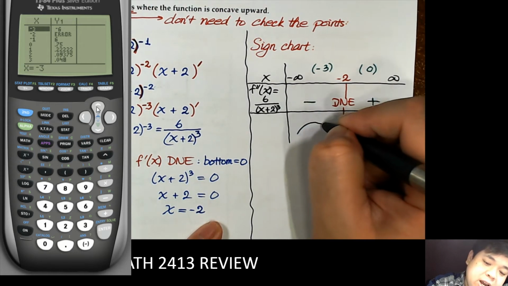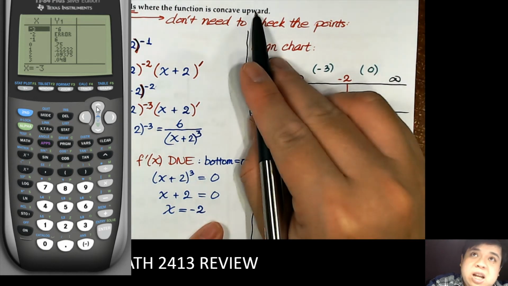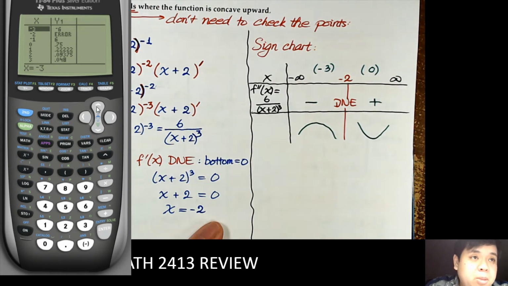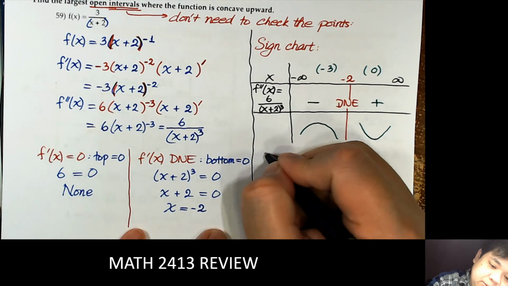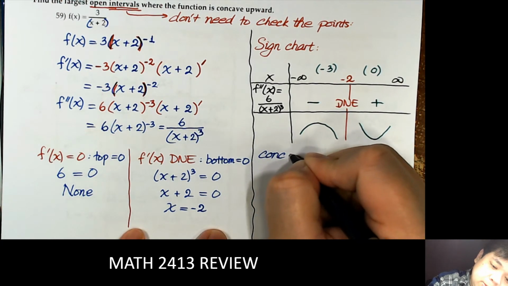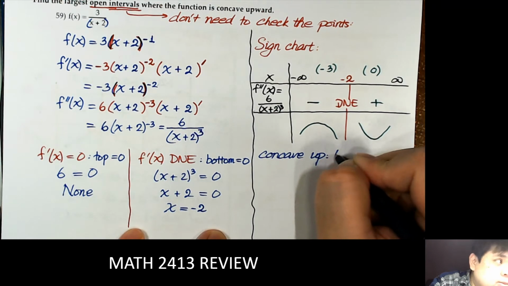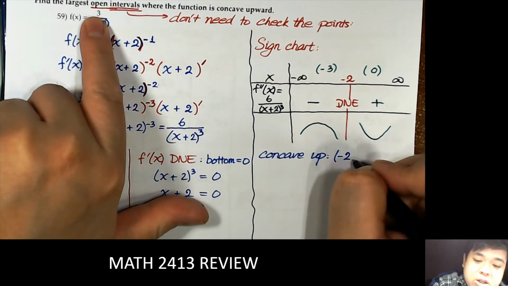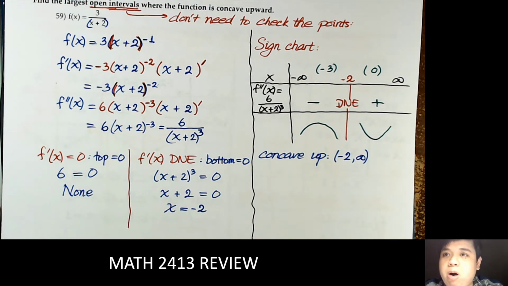Negative is concave down, positive is concave up, and the question asks where the function is concave up, which is from negative 2 to infinity. It is always an open interval, so it's always parentheses for this type of problem.